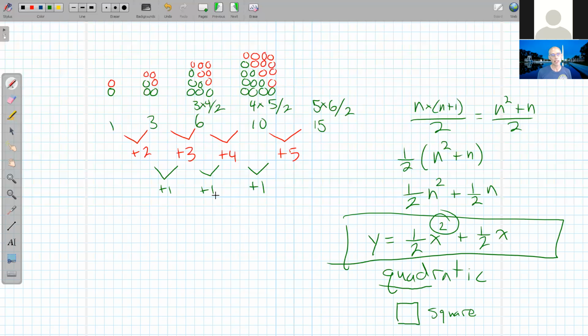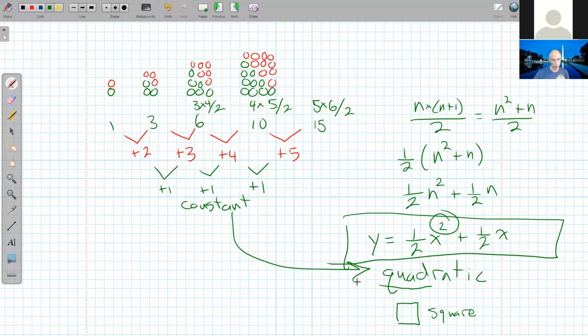And I mentioned in the last class, if the second set of differences is constant, then you're going to end up with a quadratic equation. And last class, we had a pattern that the third set of differences was constant, and that led to a cubic equation, an equation with a cube in it.